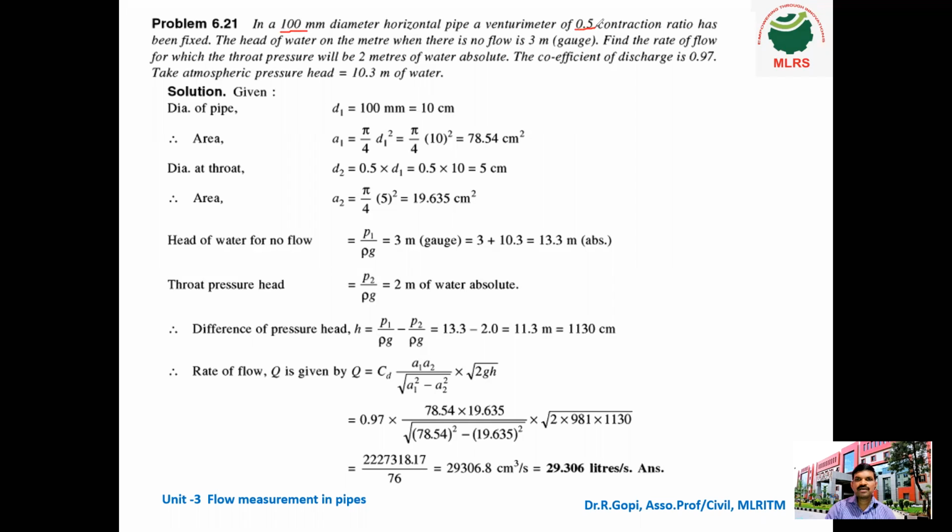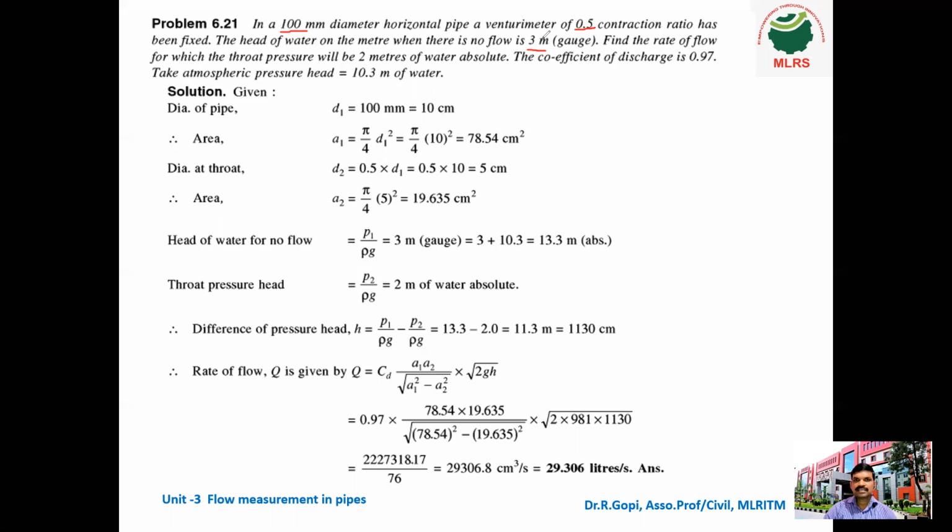So 0.5 contraction means the diameter of the throat is 100 into 0.5, which is nothing but 50 mm. So they have given it indirectly. So the 0.5 contraction ratio has been fixed. The head of water on the meter when there is no flow is 3 meter. When there is no flow, that means the fluid is in static condition.